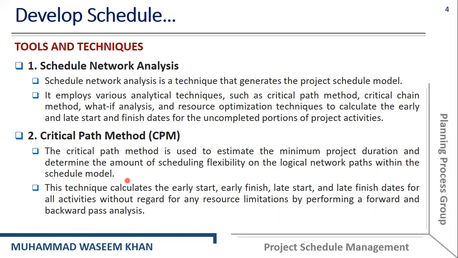And the activities that lie on the critical path are called the critical activities. This technique calculates the early start, early finish, late start, and late finish dates for all the activities without regard for any resource limitation by performing a forward and backward pass analysis. And we will discuss those forward and backward pass analyses in the coming lectures.